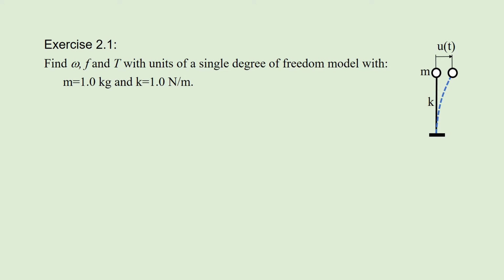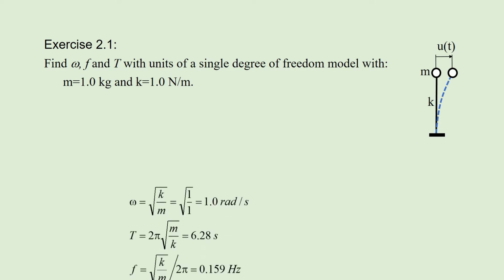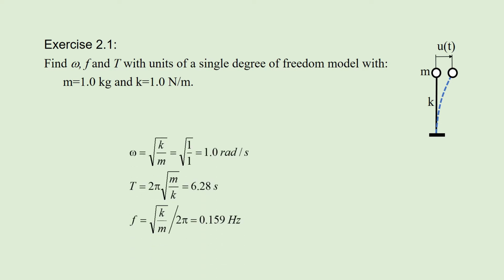Exercise 2.1. Find omega, f, and T with units of a single degree of freedom model with m equal 1.0 kilogram and k equal 1.0 Newton per meter. Answer.